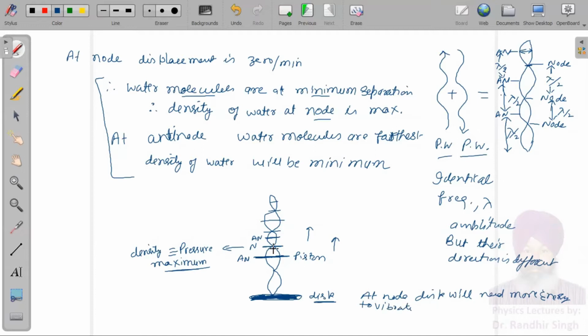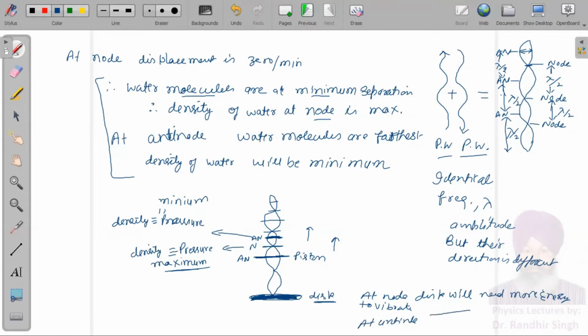And if the piston is at antinode, just like at this point, there the density or pressure at antinode is minimum. Therefore, the disk needs less energy at antinode.